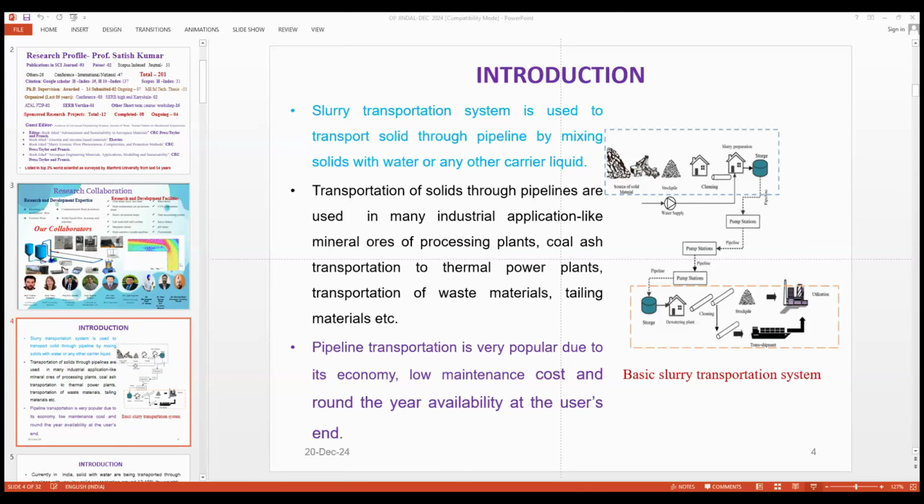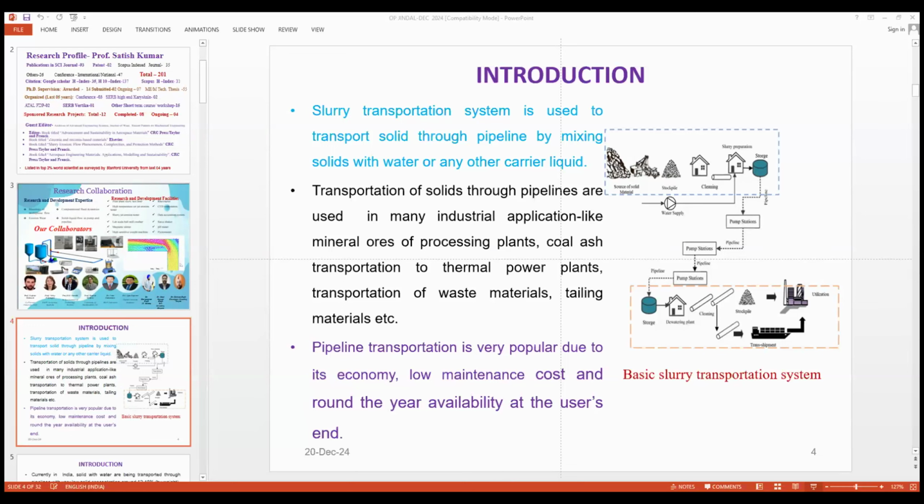By increasing the solid concentration we can save power as well as water consumption in the thermal power plant, and this also helps to minimize the environmental impact, because when this ash goes into the ponds, the metal concentration from the ash goes into the water, and the people nearby the thermal power plant and the industries are also affected.